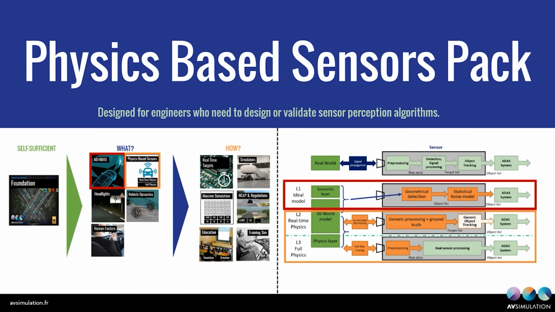First of all, as I hope was clear during the presentation, because we have this level 1, level 2, and level 3, we really cover a lot of different applications that you could have with your sensor. Depending on what you want to do, you will use level 1, level 2, or level 3, and we can cover a lot of different applications directly inside SCANeR Studio. So you don't need to use any other type of tools. Everything is directly included inside SCANeR Studio.